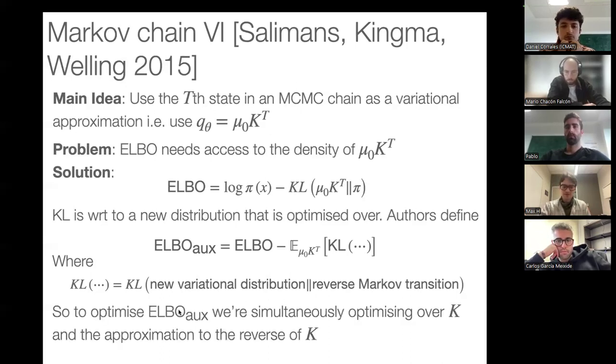So to optimize this new quantity, the auxiliary ELBO, we're optimizing over K, and we're also optimizing over the approximation to the reverse of the Markov transition. So we're doing a kind of dual optimization. And we know that the auxiliary ELBO lower bounds the ELBO, which lower bounds the evidence. So the higher we get with the auxiliary ELBO, the higher lower bounds we'll have for the original ELBO.